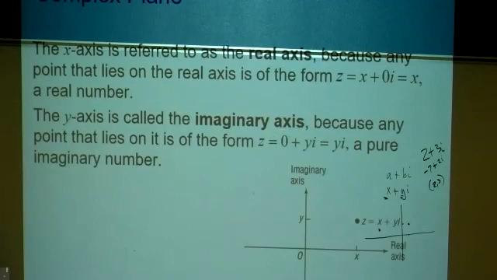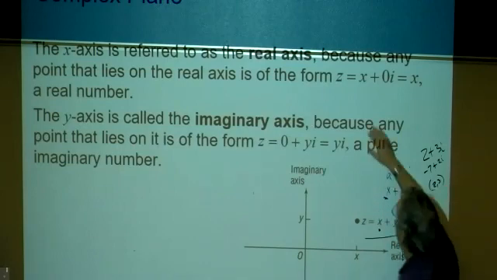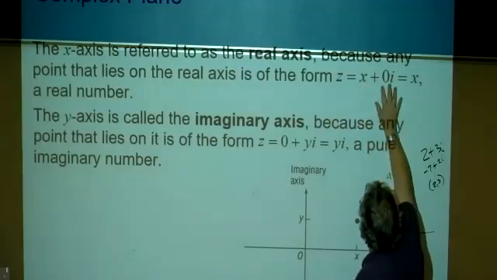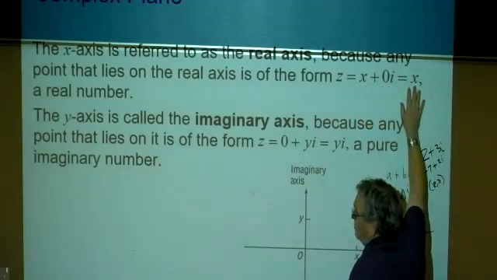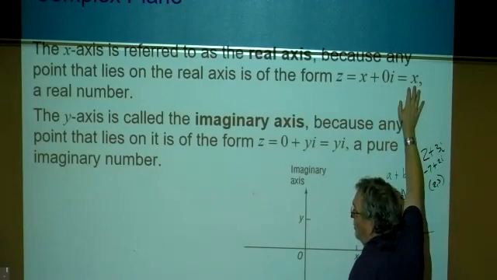The x-axis is referred to as the real axis, because any point that lies on the real axis in the form z equals x plus 0i just equals x, which is a real number.